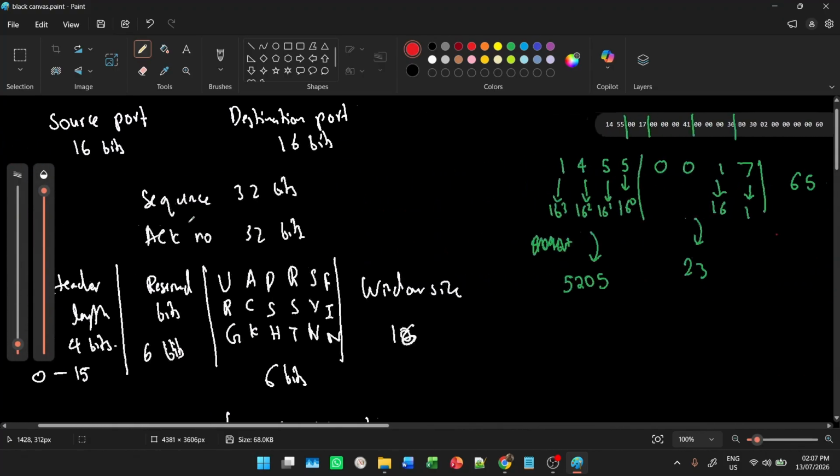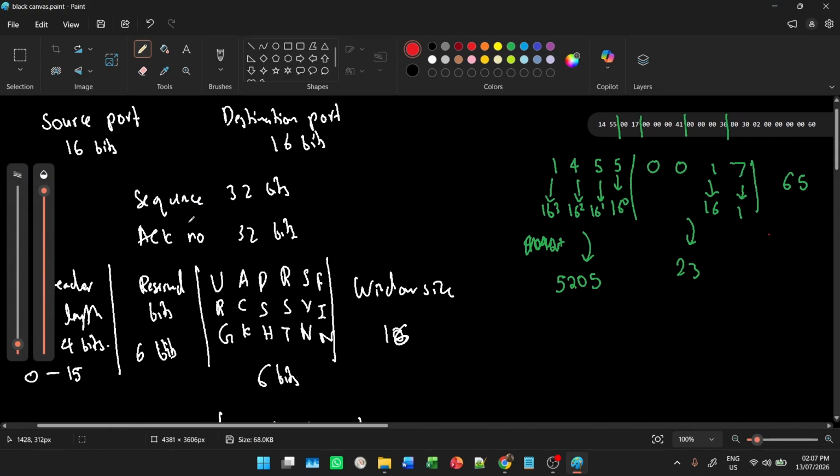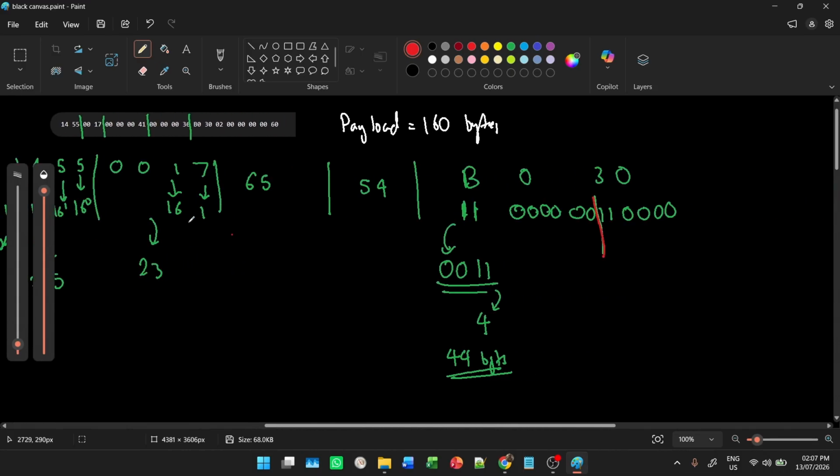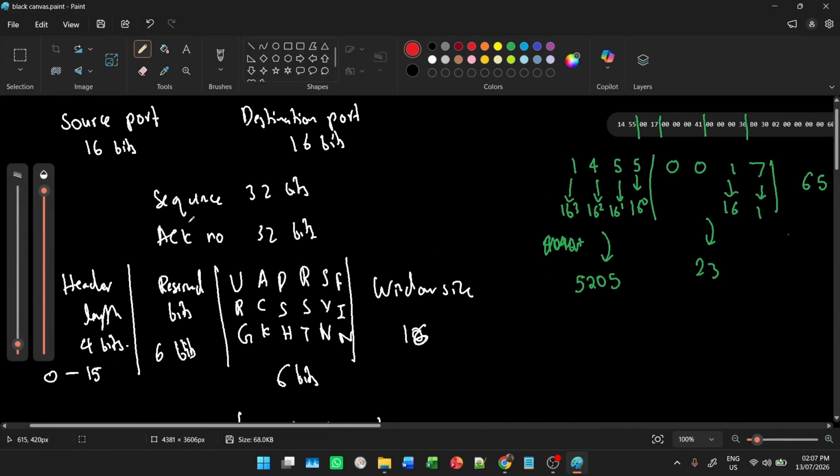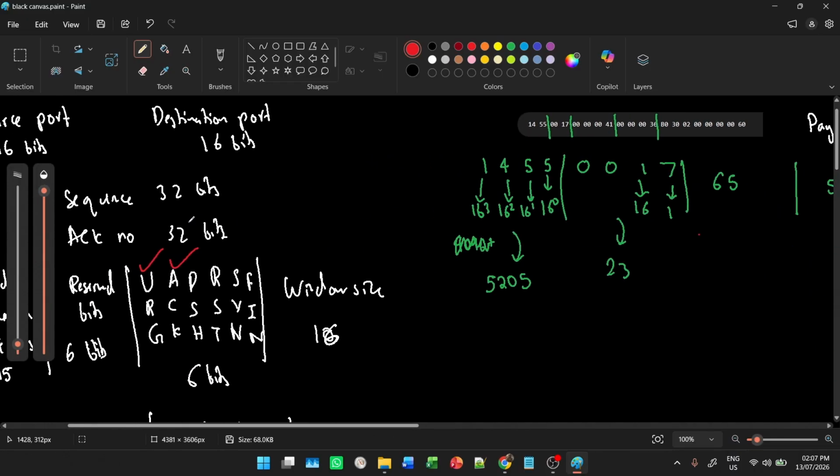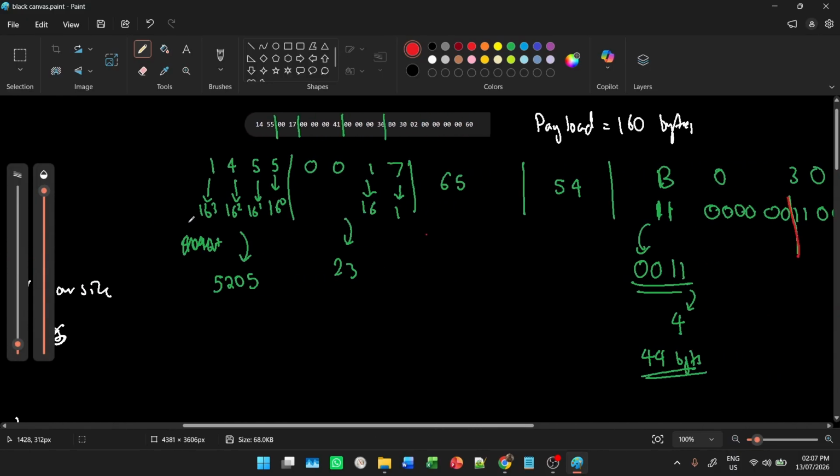Out of these 6, only the first 2 are 1, meaning the urgent flag and the acknowledgement flag, only those are active, others all are off, right?